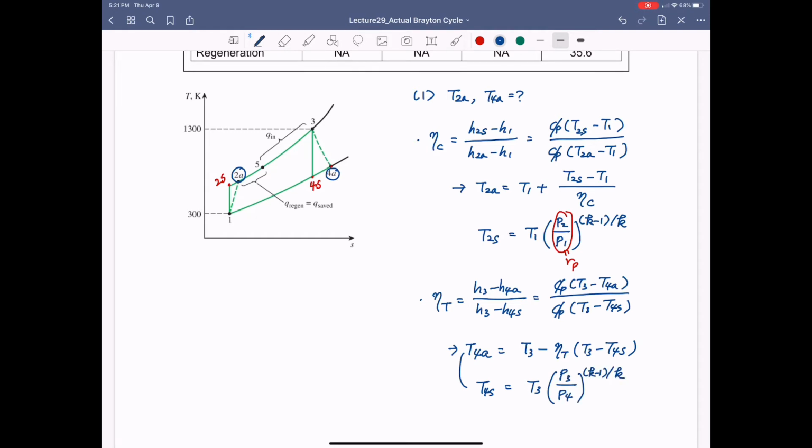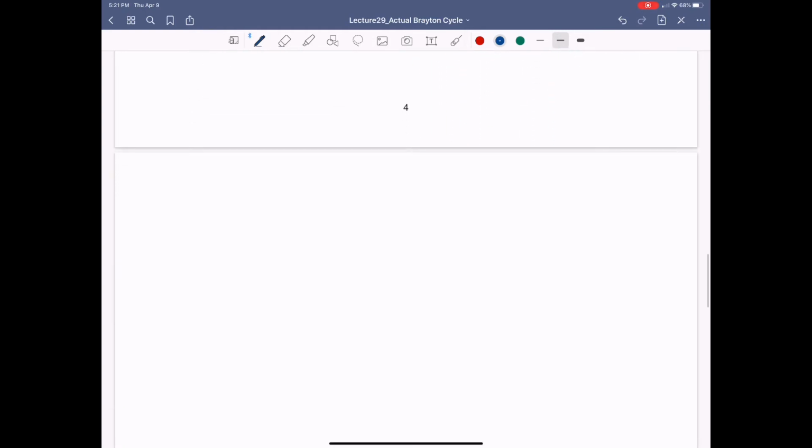So we can calculate T4A. Because we now know T2A and T4A, we can also calculate the back work ratio, which is WC over WT, which can be written as an enthalpy difference, or under the cold air standard assumption, we can write it that way.